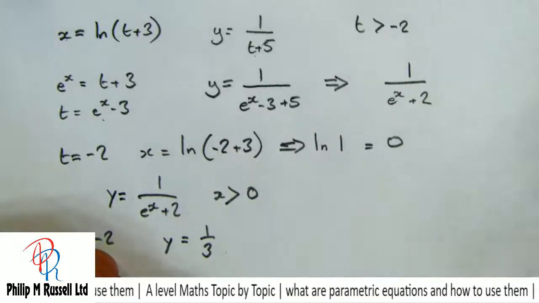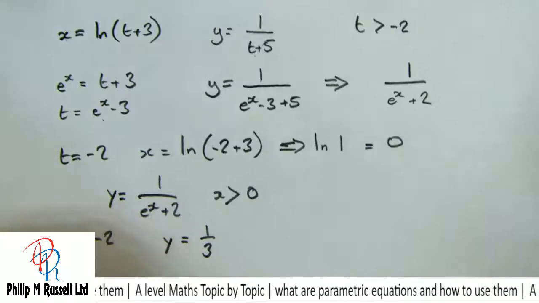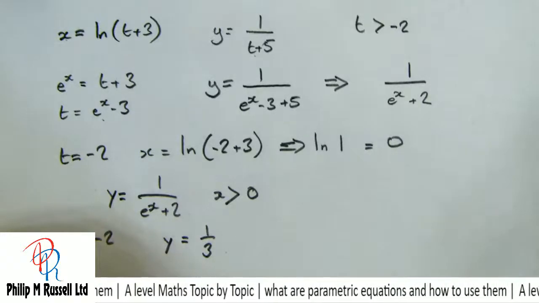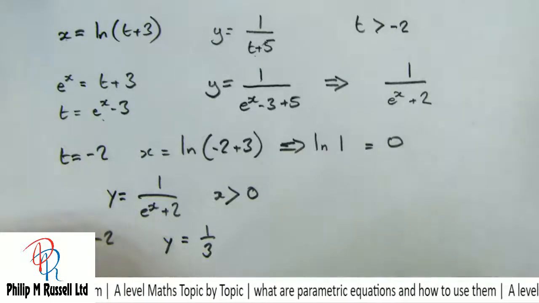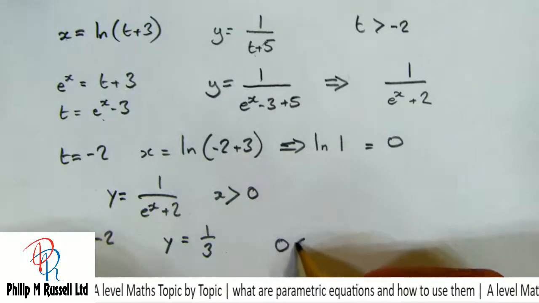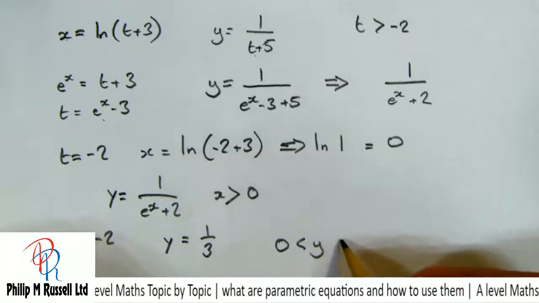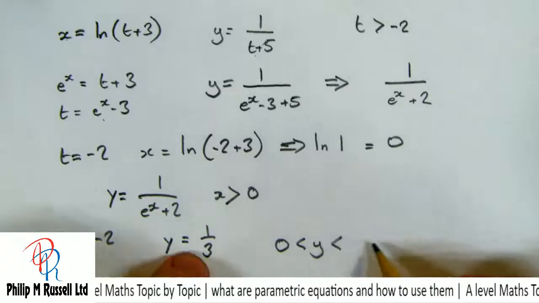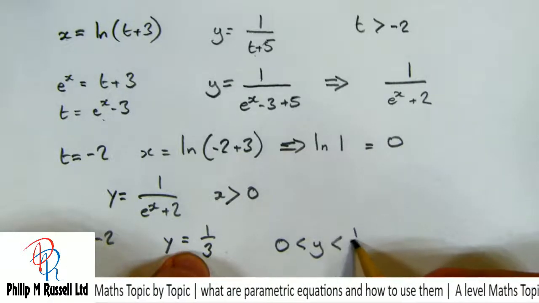As t increases, y is going to decrease, but it remains positive. So we can say that here 0 is less than y, which is less than 1/3.